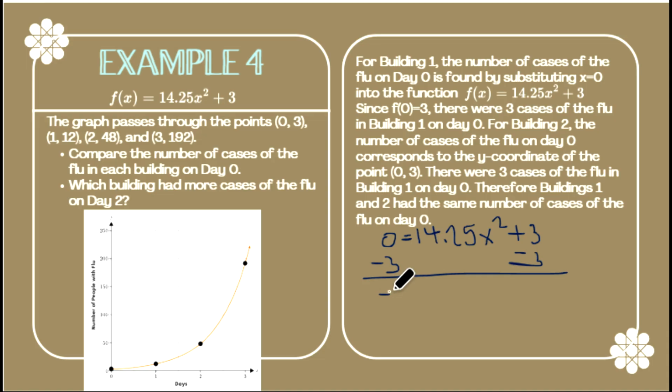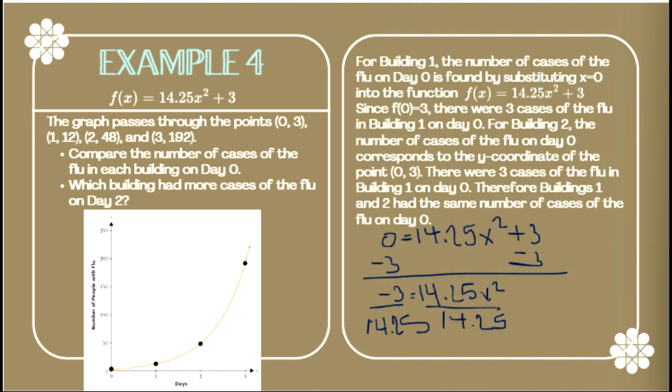That's going to leave us with negative 3 equals 14.25 x squared. We're going to divide both sides by 14.25, which is going to give us some ridiculous number. Let's get my calculator.